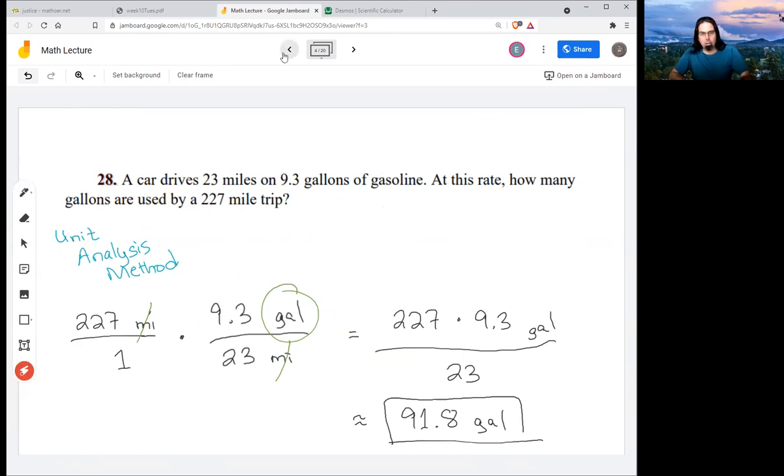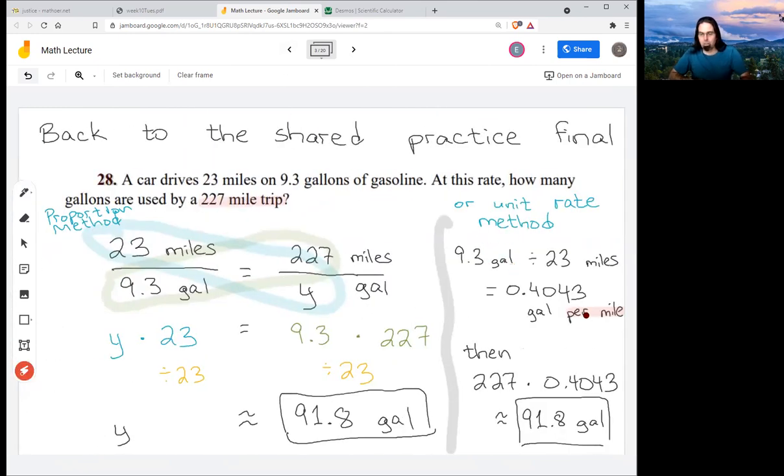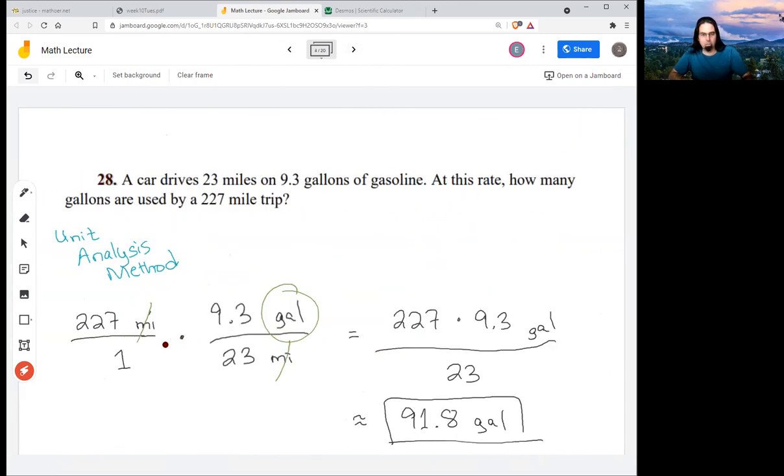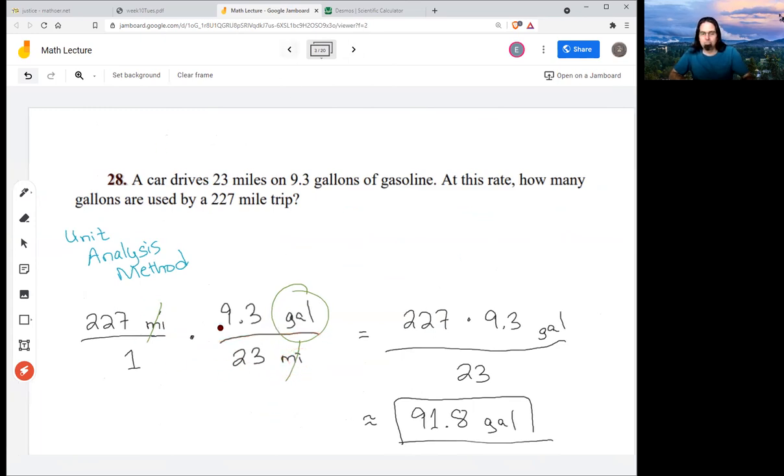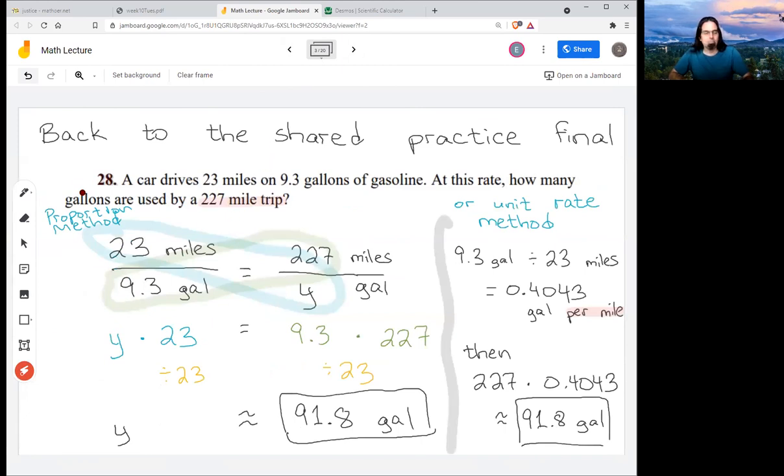So if you are doing it with the unit rate method, you want per mile, so you can multiply it by miles and have them cancel out. It's the same thing as this many miles and this much per mile. Okay, but for almost everyone, they like the proportion method.